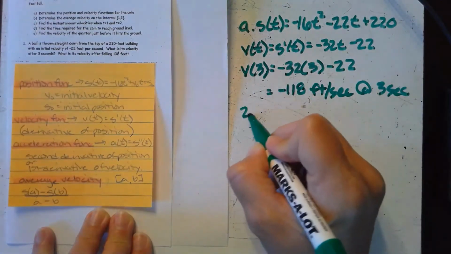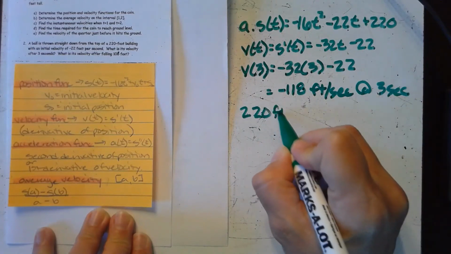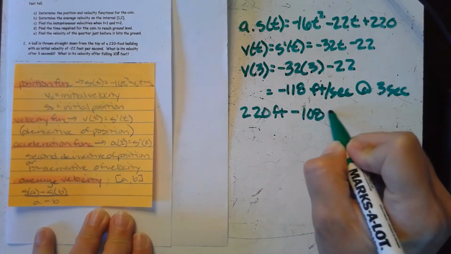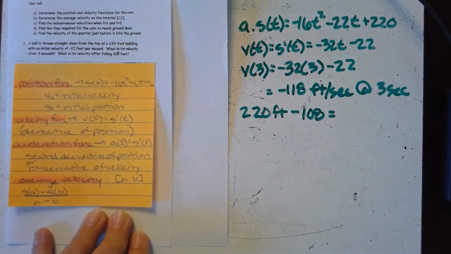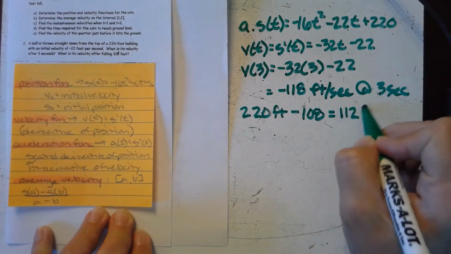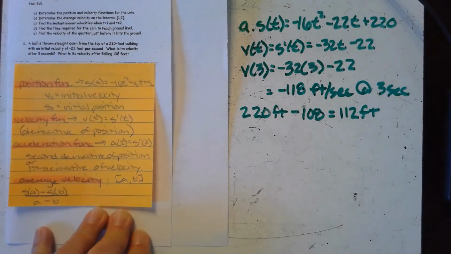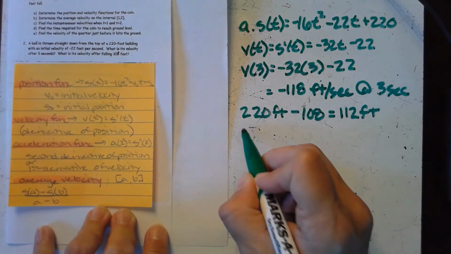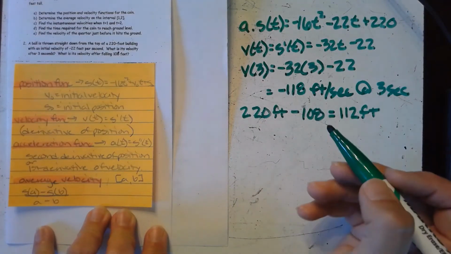So initially it was 220 feet, and I've got to subtract the 108. And it's 112 feet off the ground. So now I've got to actually find the time before I can find the velocity.